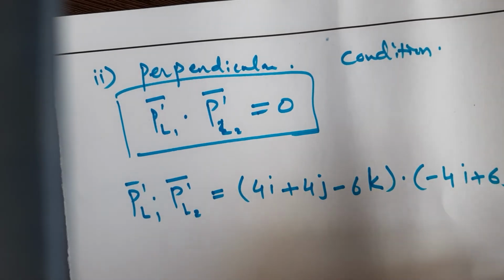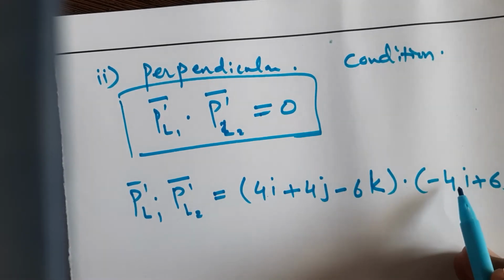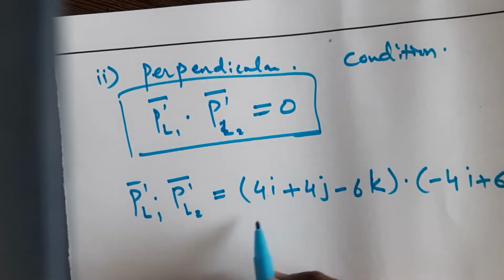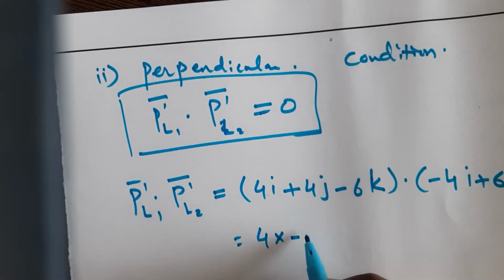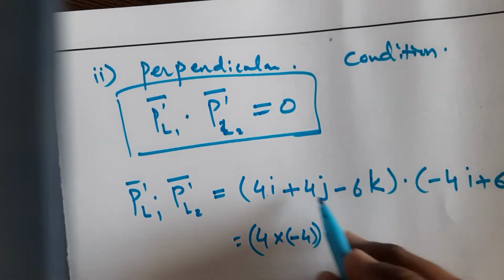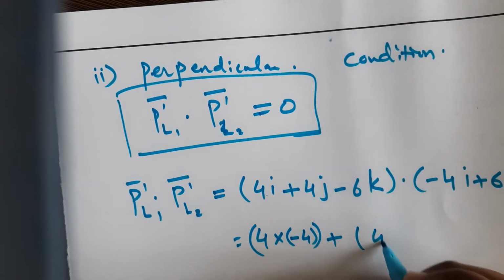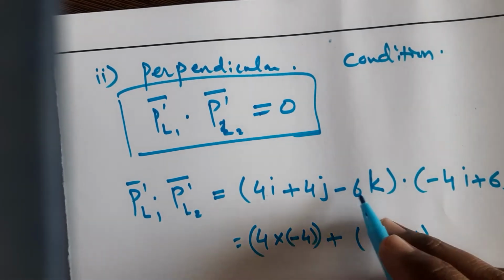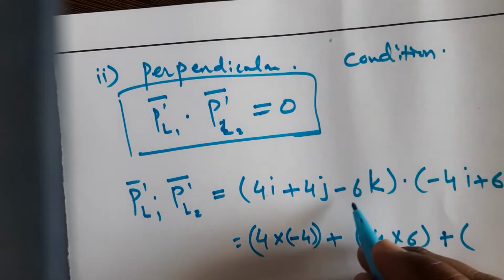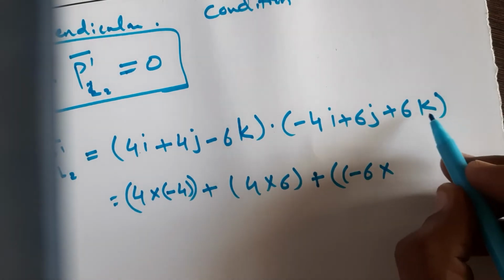Now we'll multiply: 4i into minus 4i, I into I will get 1, so 4 into minus 4. Now here 4 into 6 plus 4 into 6, now plus in bracket minus 6 into this 6.